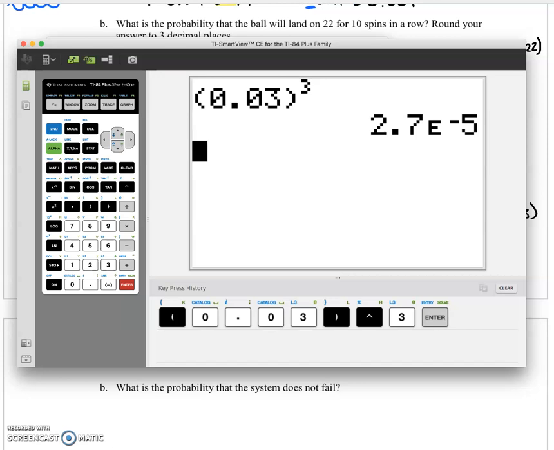Since the number after the E is -5, we move the decimal point 5 places to the left. One thing I wanted to point out, if you didn't notice, there is a key history at the bottom of this screen. So if you don't hear something, you can always look down at the bottom and you can see exactly what buttons I pushed in exactly what order. So that's how we got our answer.